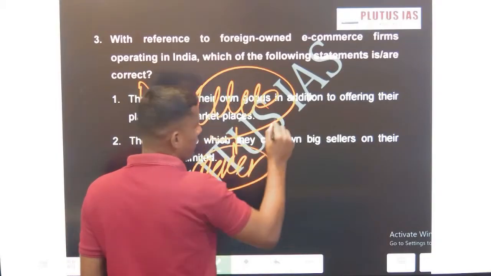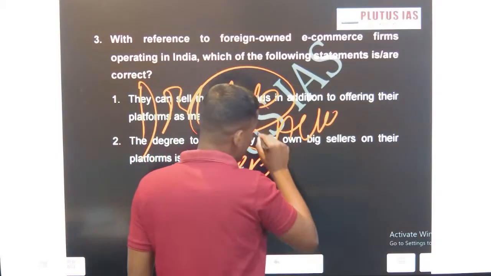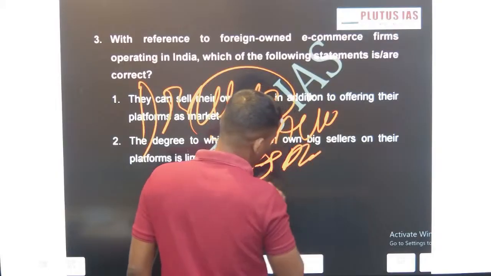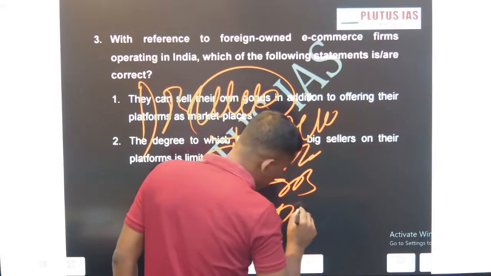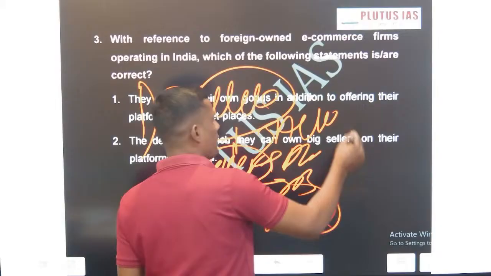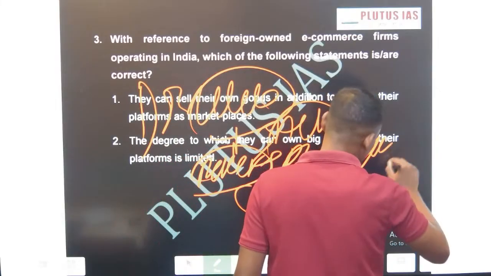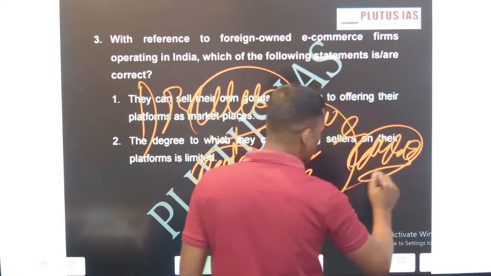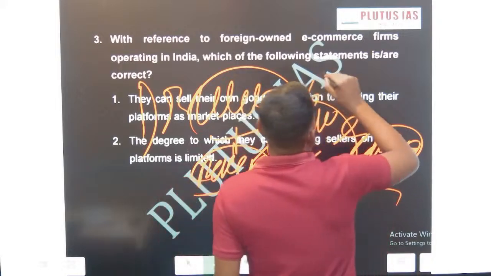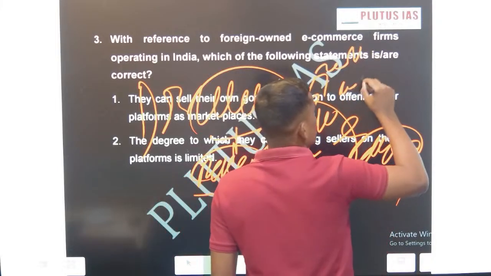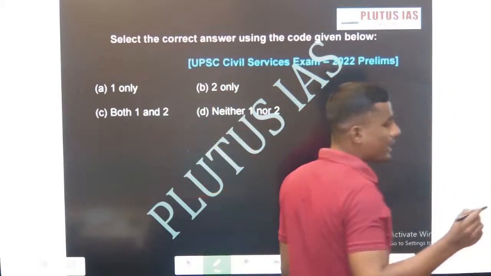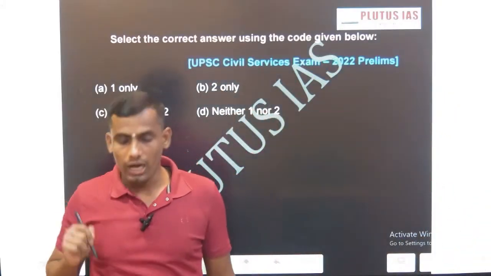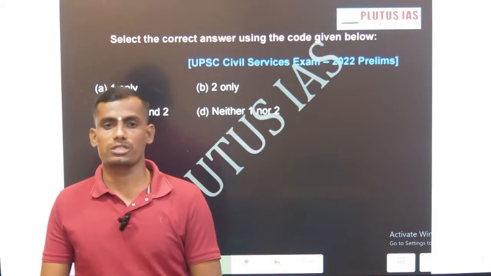The first one is automobile, the second one is pharma, then food production, then small and micro, then different electronics. IT is different from electronics. Okay, then heavy industries. These are the sectors which come under the manufacturing sector.